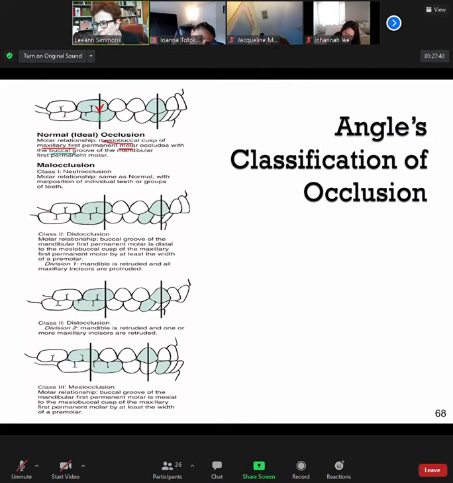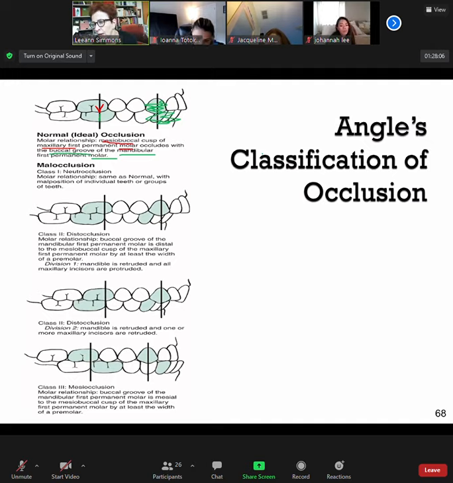They call it the buccal groove here. That is a class 1 occlusion. That's ideal. And when we have the first molars present, we don't look at the canines, okay? They're here showing you, but we don't look at the canines if the first molars are present.